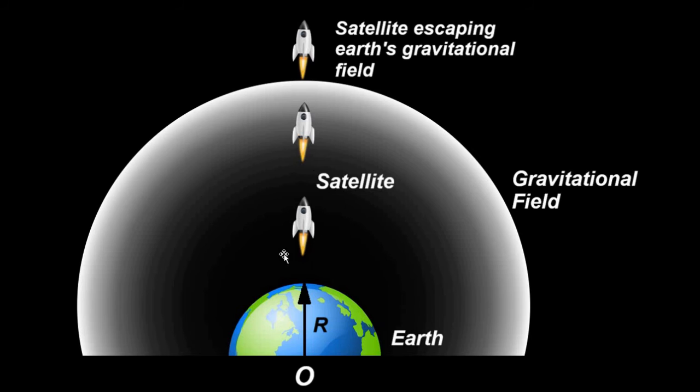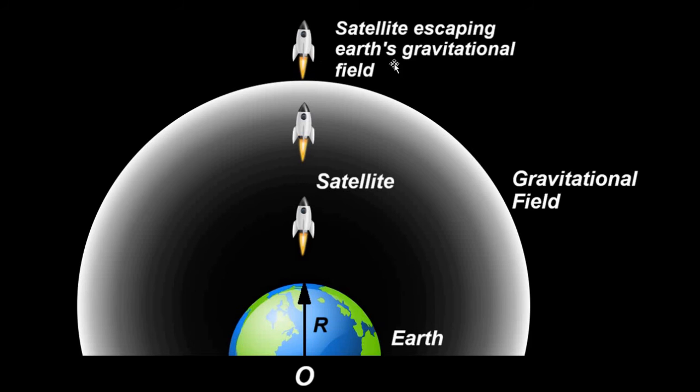Okay, it is launched with the help of a multi-stage rocket. Here I'm not going into the detail, I'm saying this in simple terms. The satellite is given an initial velocity, a vertical velocity in the upward direction, such that it escapes Earth's gravitational field.